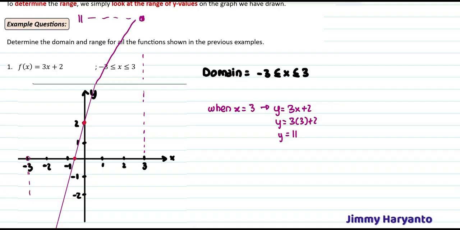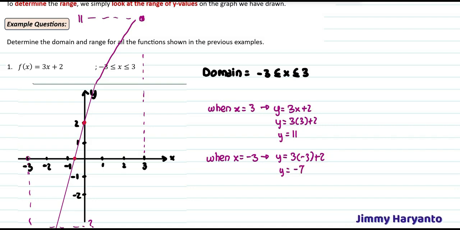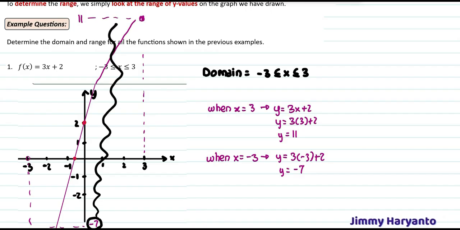And when x equals negative 3, we also have to find the value of y. When x equals negative 3, y will be 3 times negative 3 plus 2, which gives negative 7. That means for our straight line, the value of y will vary from negative 7, the lowest, until 11, the highest.